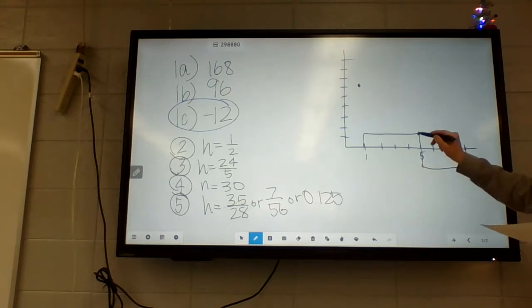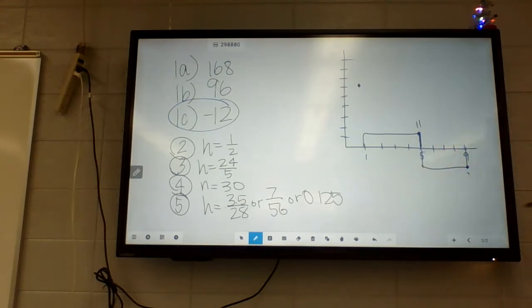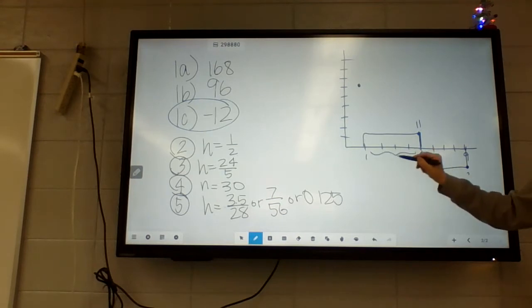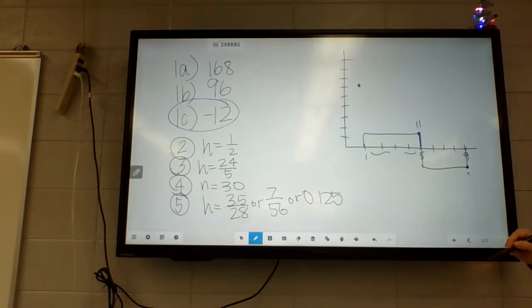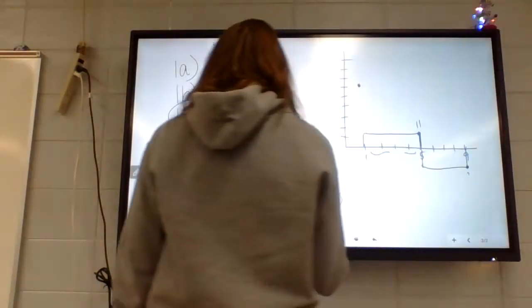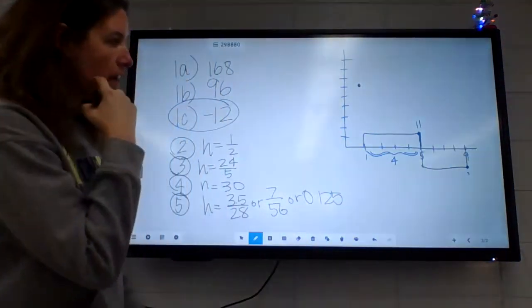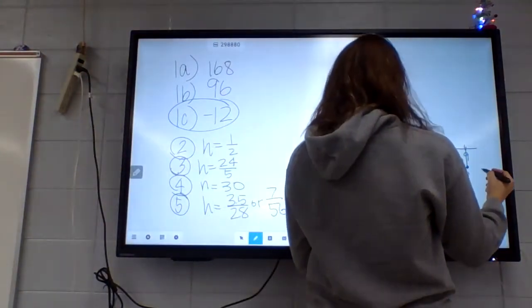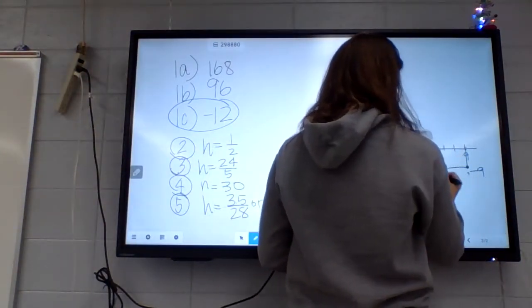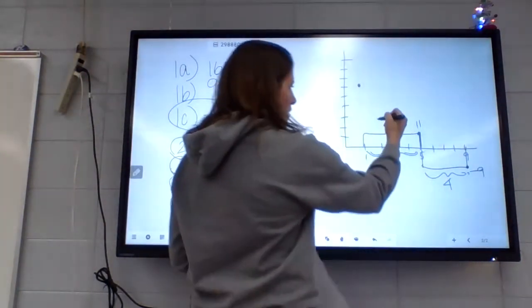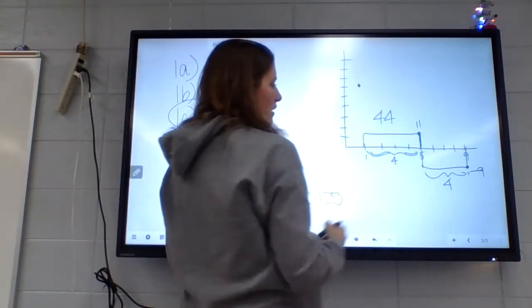So we have to look at f of 5, which is 11, but we have to multiply that by 4. All right, so we have to look at the width of 4, and then this one's negative 9 with a width of 4. So this will be 44, right?